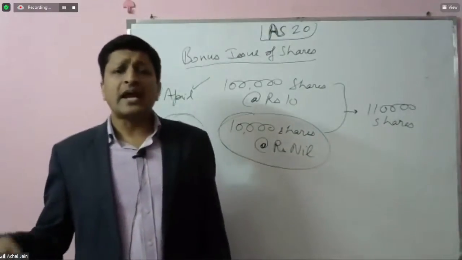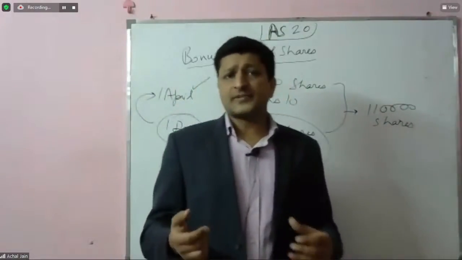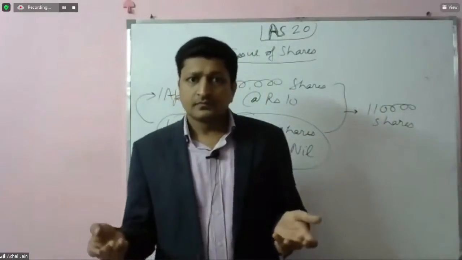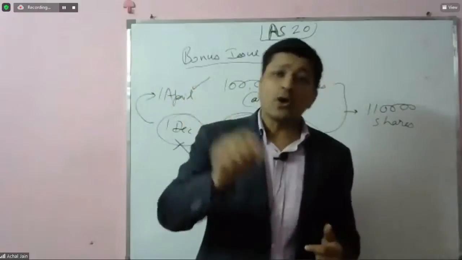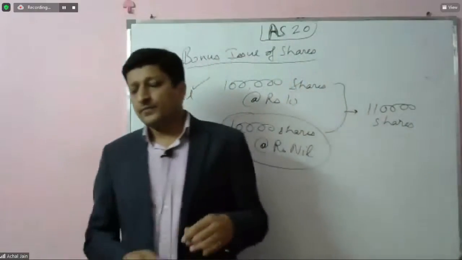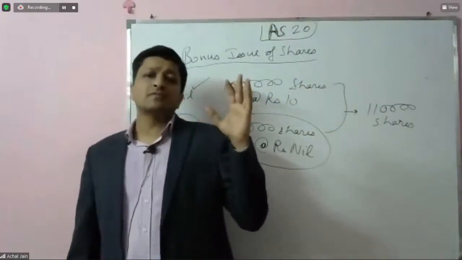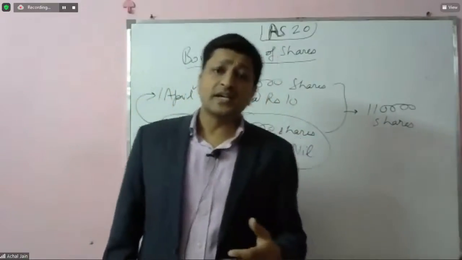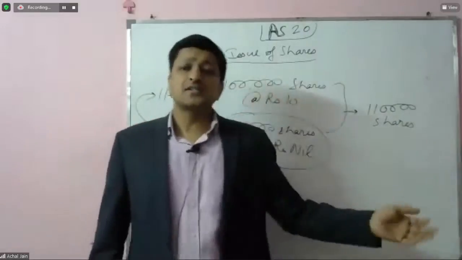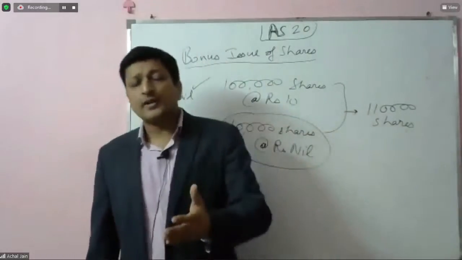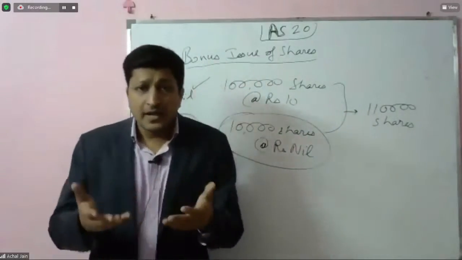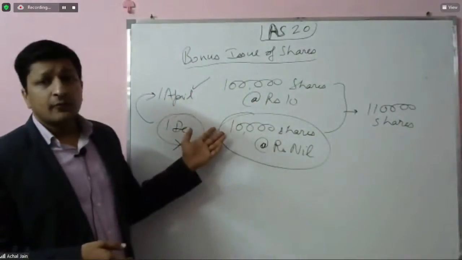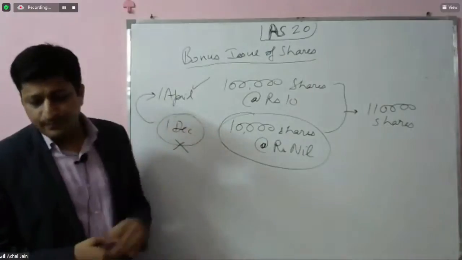This is also at times done by the company as part of its restructuring exercise. So whenever you have a stock split, similar adjustments in terms of restating the last year's EPS will have to be done, similar to what you do in case of a bonus issue.